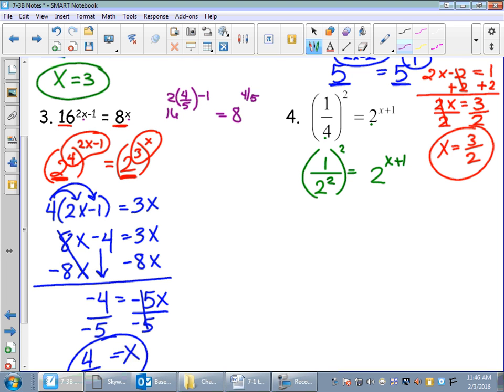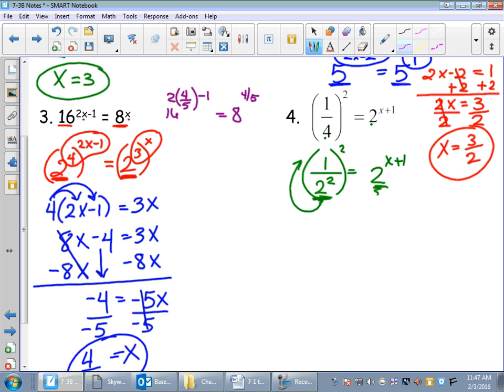I'm getting closer to having matching bases, but this 2 on the left-hand side is in the denominator, and the 2 on the right-hand side is in the numerator. So I can use the idea of negative exponents if I want to flip this and bring this 2 up top.